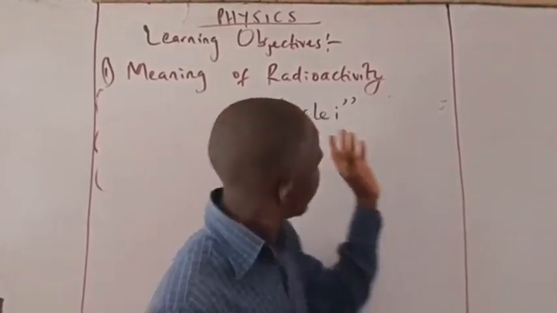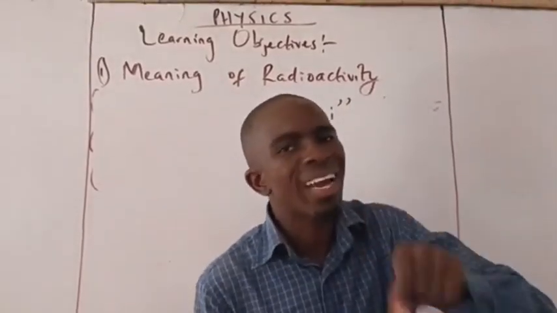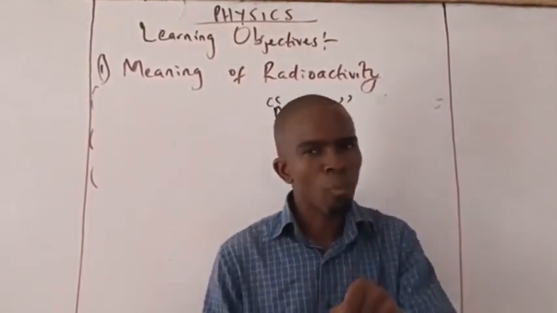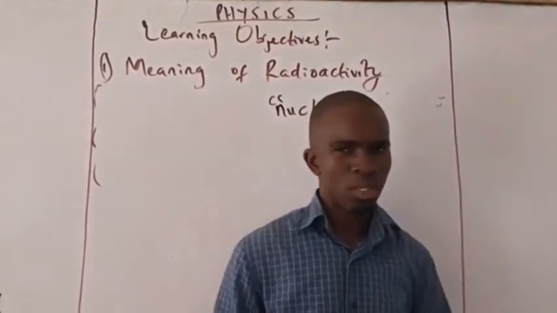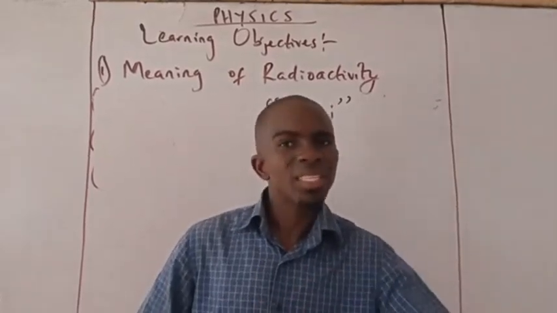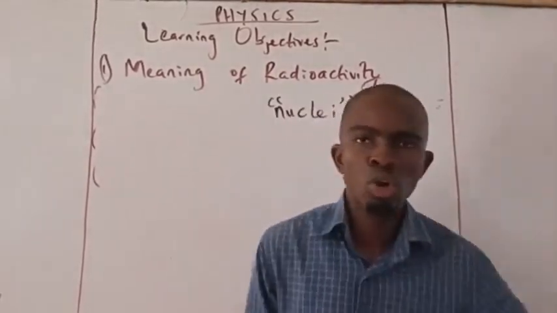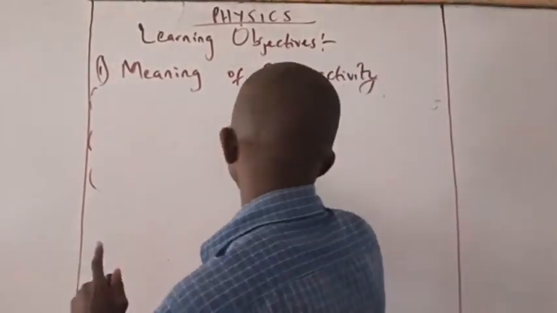So now, which elements undergo this radioactivity? There are some atoms that are unstable. It means their nucleus are not stable. That will lead us to what is called radioactive elements, which is our second objective.